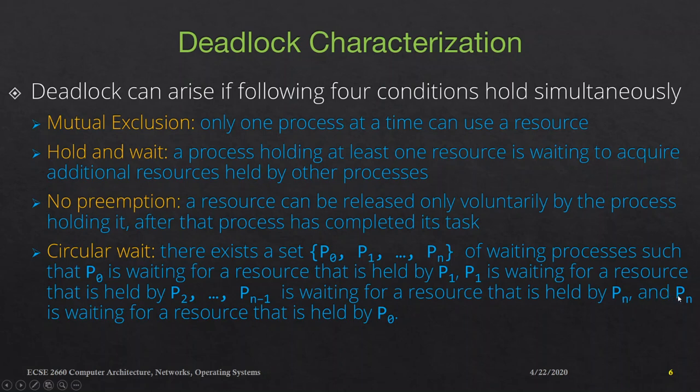And Pn, to complete the cycle, is waiting for a resource that is held by P0. So that particular circular wait is going to increase the chances of a deadlock. Again, this is not guaranteed, but this is a very good chance.